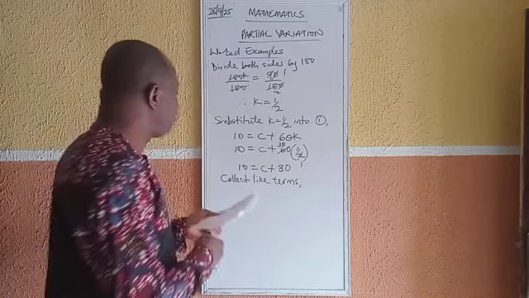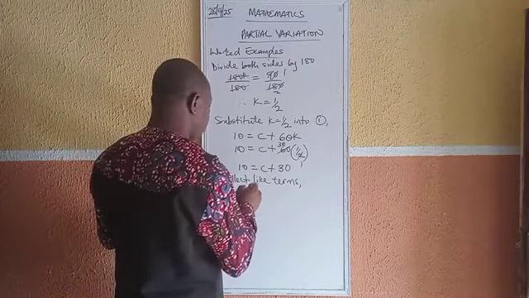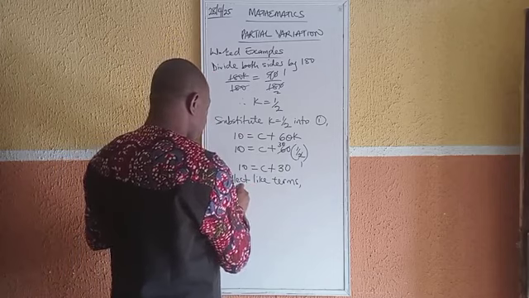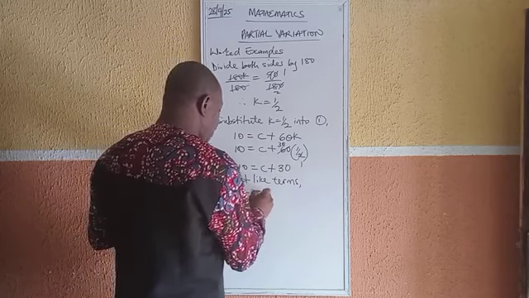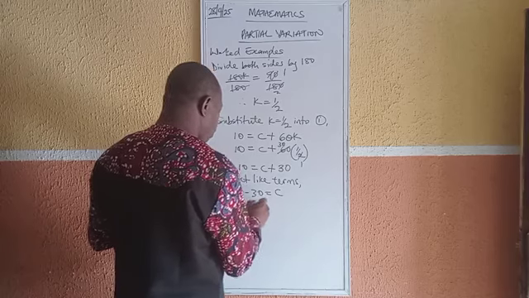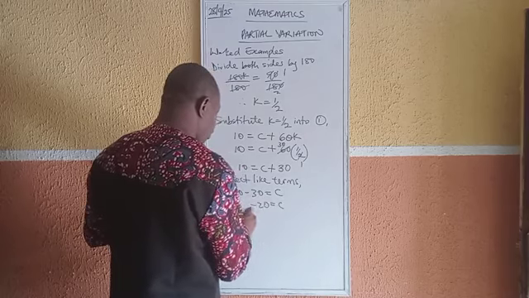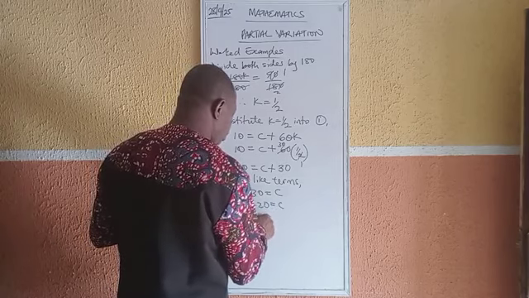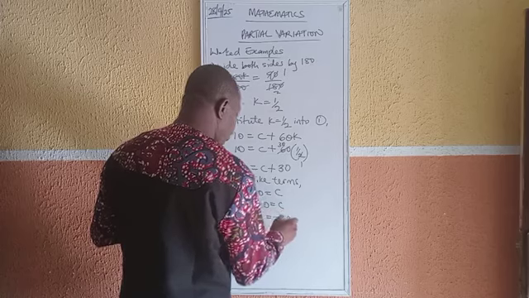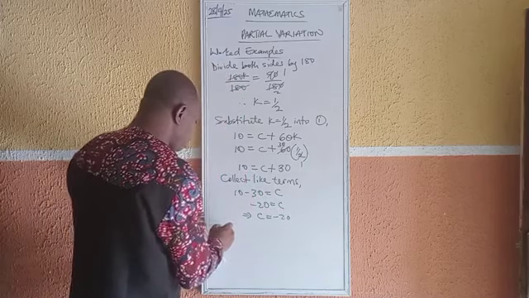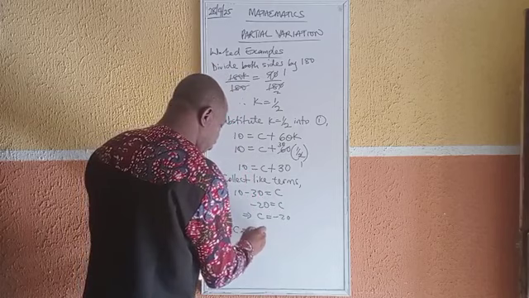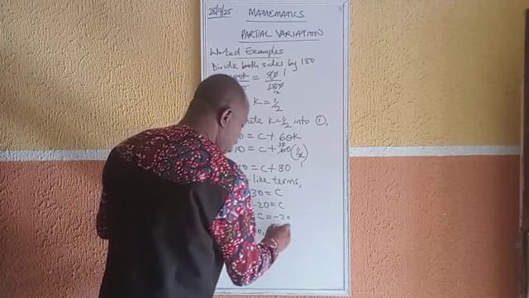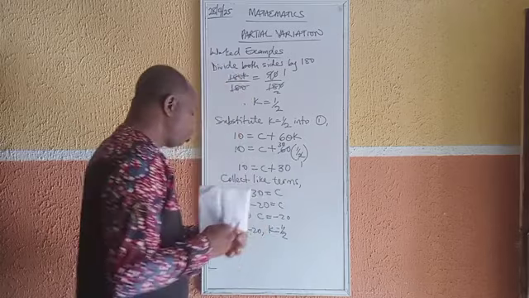We are going to have 10 minus 30 equals c, which is minus 20 equals c, which also implies that c equals what? Minus 20. So therefore, c is minus 20, k is 1 over 2.